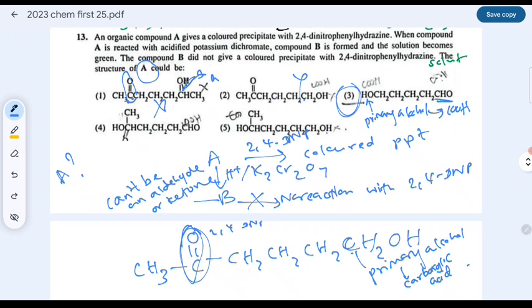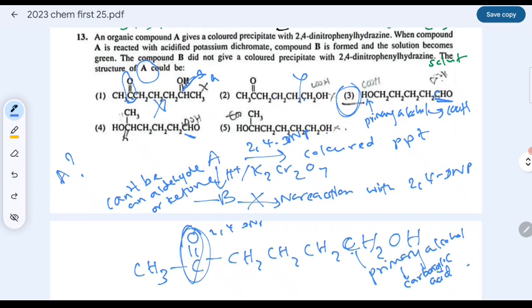Next, let's see the fourth answer. Organic compound A gives a colored precipitate with 2,4-DNP, because here also there is an aldehyde.